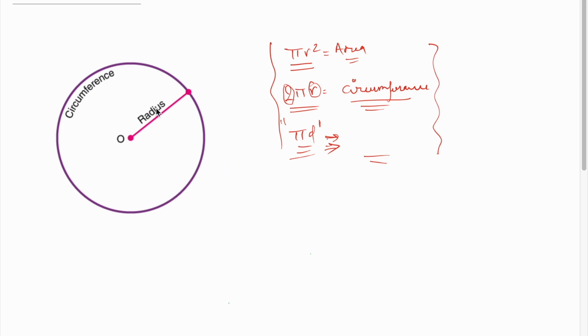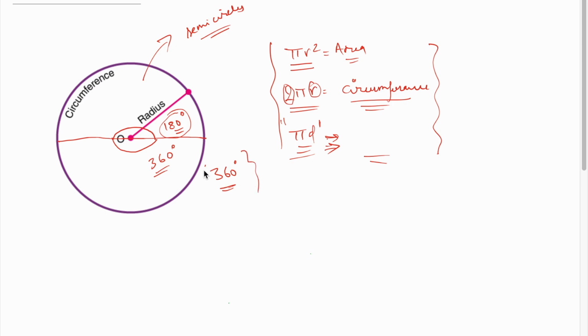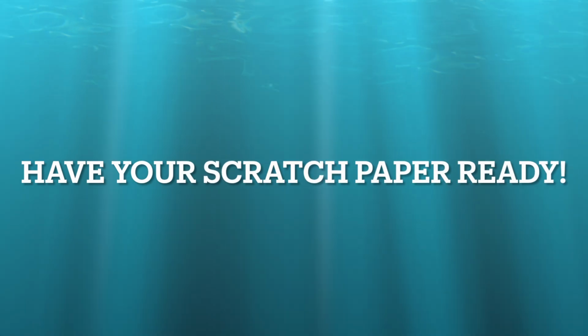The diameter makes an angle of 180 degrees, and it creates two semicircles, and the whole circle creates a degree of 360, and a diameter creates 180 degrees. With this knowledge, we can solve a few other questions that are related to the angles of the circle. Now let's do a question.